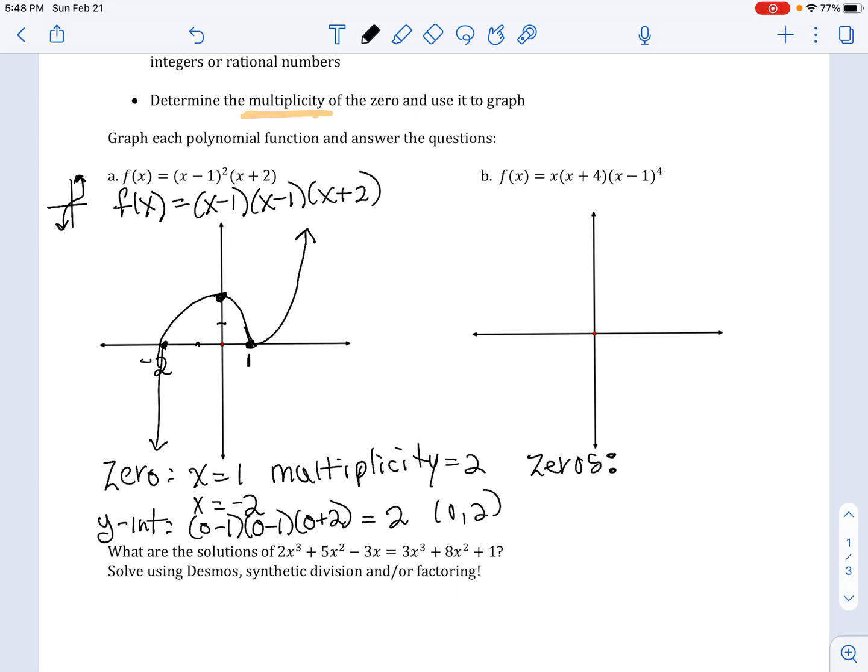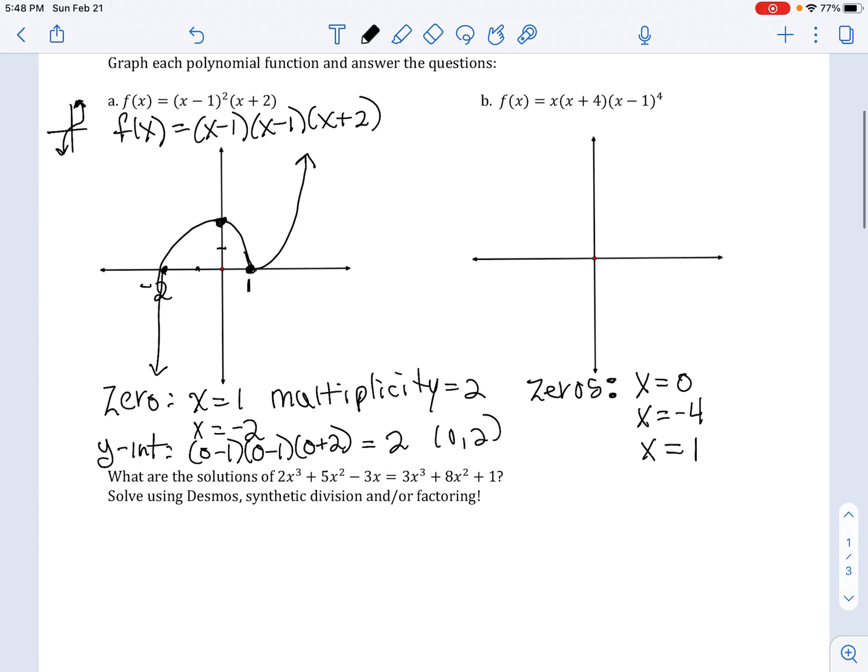All right, so we have x equals 0, x equals -4, and x equals 1. Go ahead now in the box in Edpuzzle and tell me what the multiplicity of this 0 is. X equals 1. What is the multiplicity?